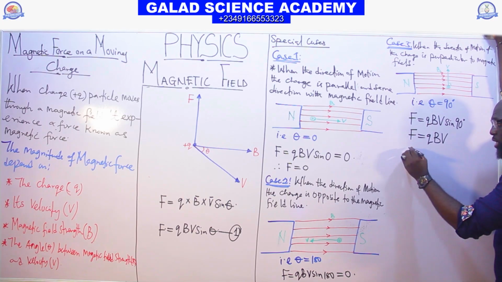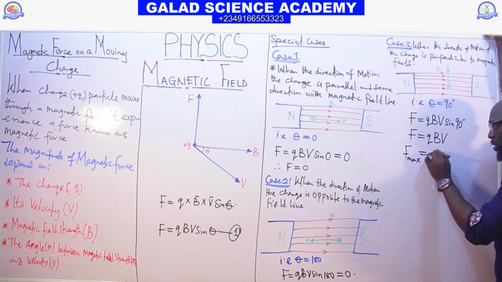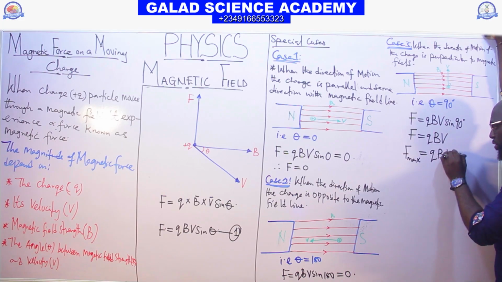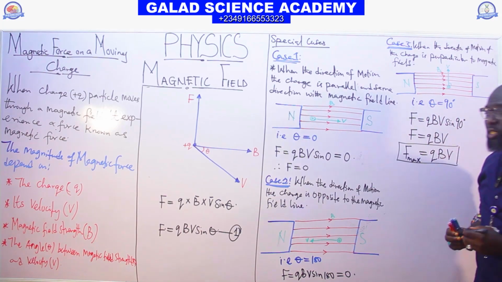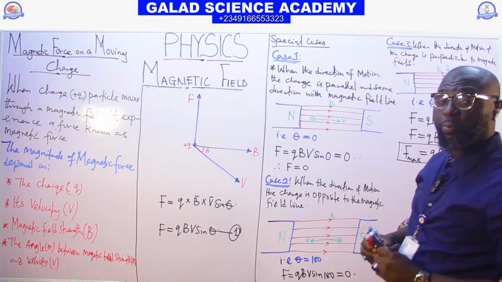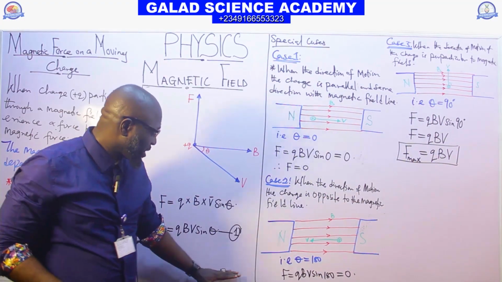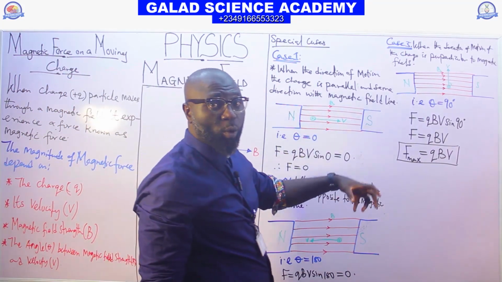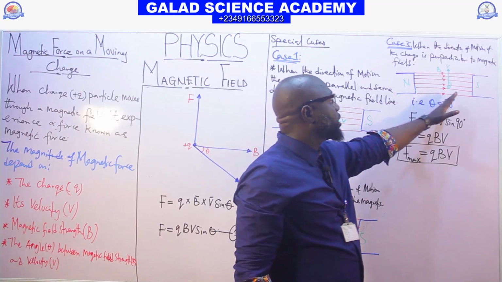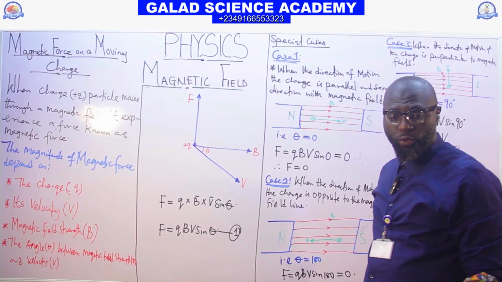The magnetic force is maximum at QBV. Note, at this stage the magnetic force is maximum. In a multiple choice question, we ask: the magnetic force is maximum when the direction of motion of the charge is perpendicular to the direction of the magnetic field.